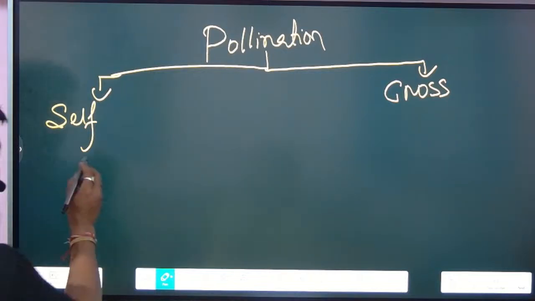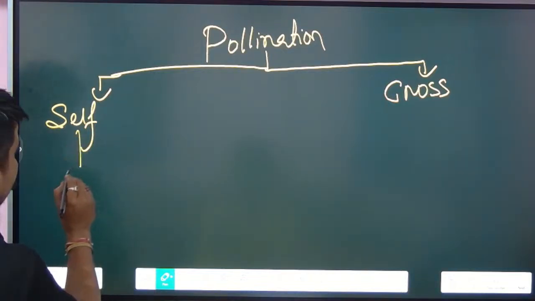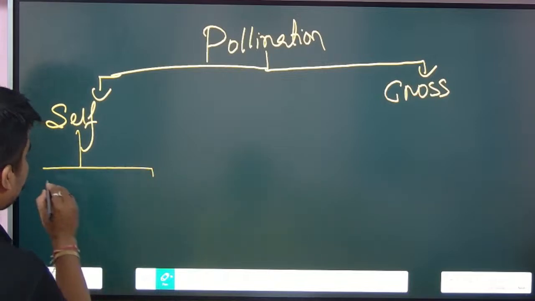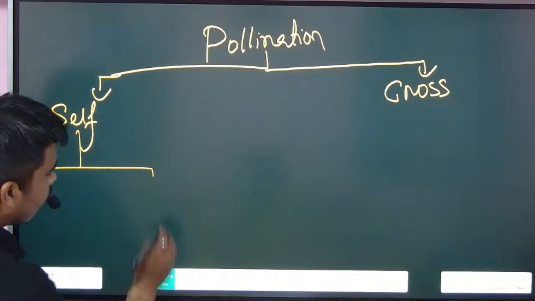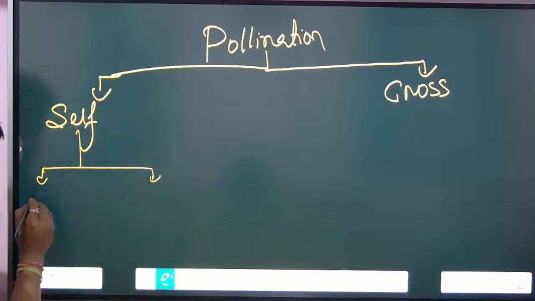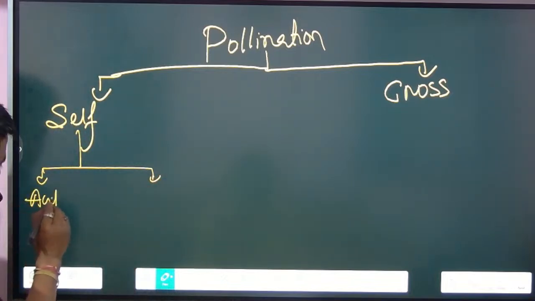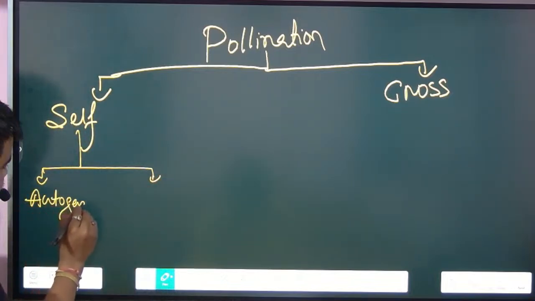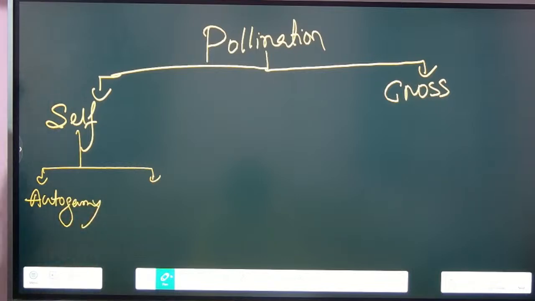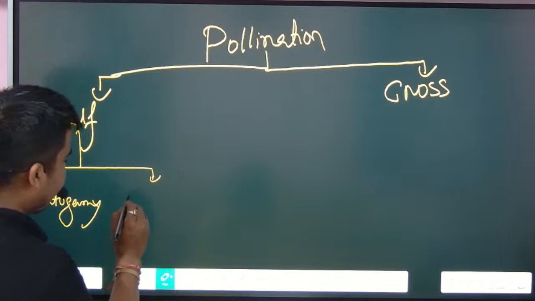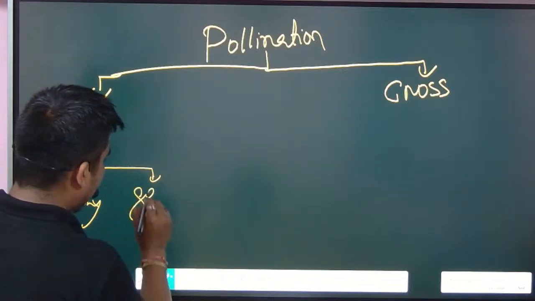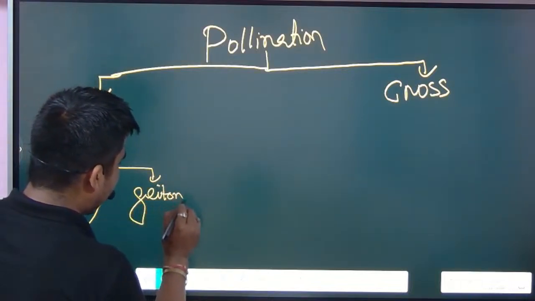And further, self pollination can be divided into two divisions. One is autogamy and the other is geitonogamy. Gamy means fusion, remember that, and gamy is a word used only in sexual reproduction.